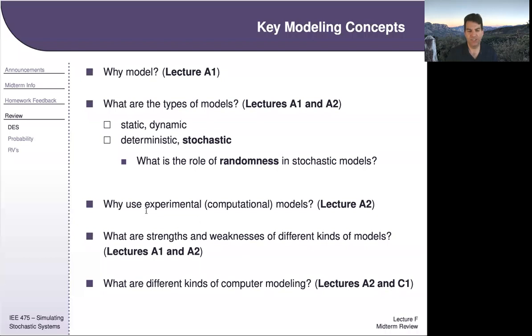We talked about some motivations for why use computational models, strengths and weaknesses. Mental models capitalize on your experience that you've built up over a lifetime, but your mental models are typically better or worse at handling dynamical situations, and they're difficult to communicate to other people.